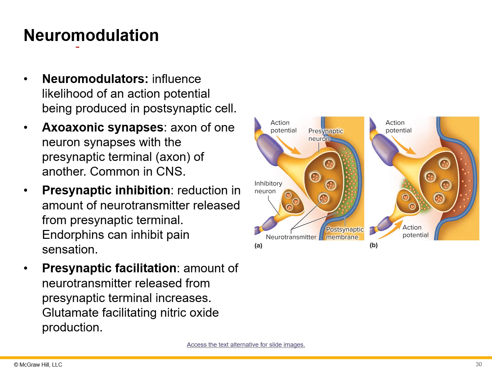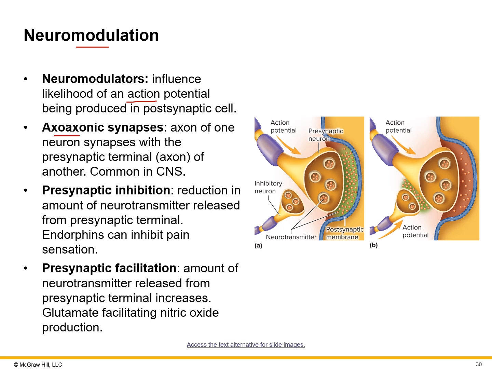And then finally, we have neuromodulation. So neuromodulators influence the likelihood of an action potential. So they're, again, making it a little easier or harder for that action potential to occur. We also have axoaxonic synapses.